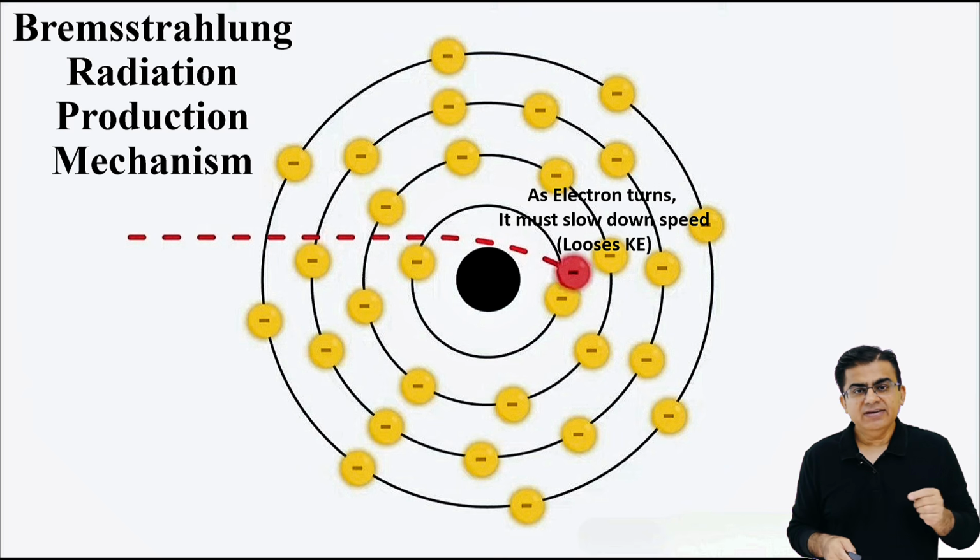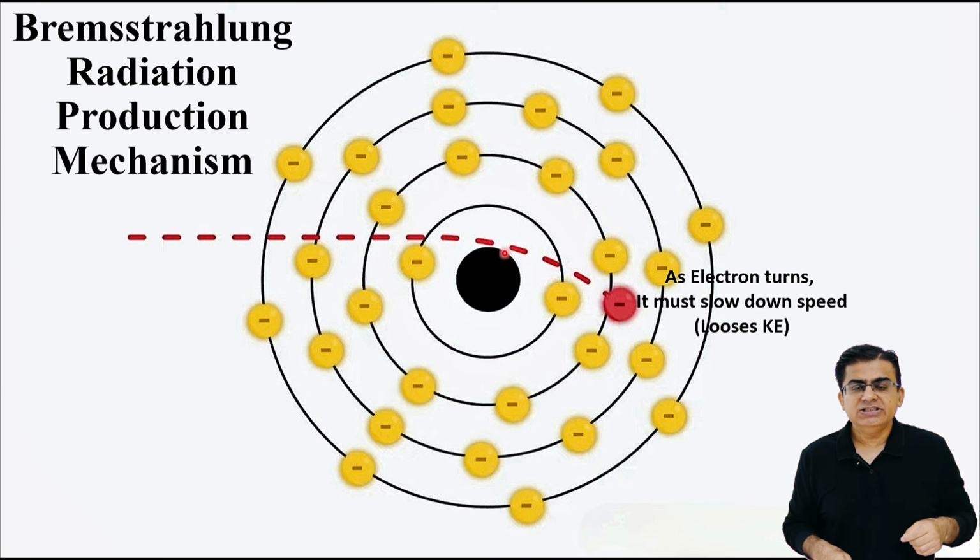The exact same physics principle applies to this high-speed incoming bombarding electron. As the electron makes this very sharp turn around the positive nucleus, it is forced to brake.